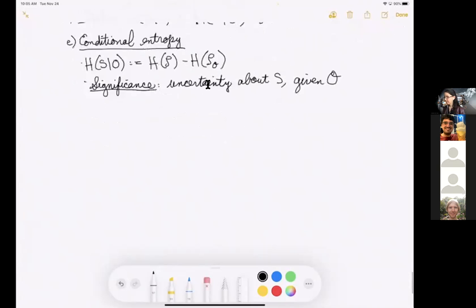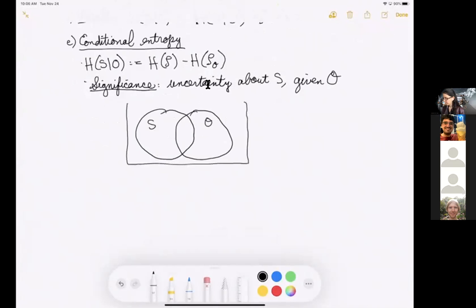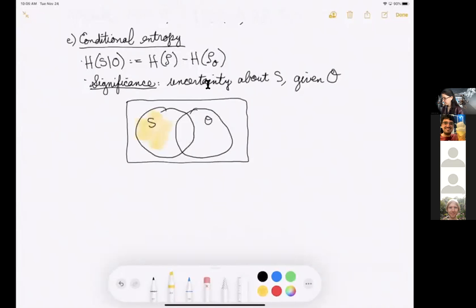This is explained in Nielsen and Chuang's quantum computation textbook in terms of a Venn diagram that I like. So suppose that this loosely represents all the information possible about S. This represents all the information possible about O. Here's our joint system, or the information about our joint system. Then suppose that initially we don't know anything about any of these systems.